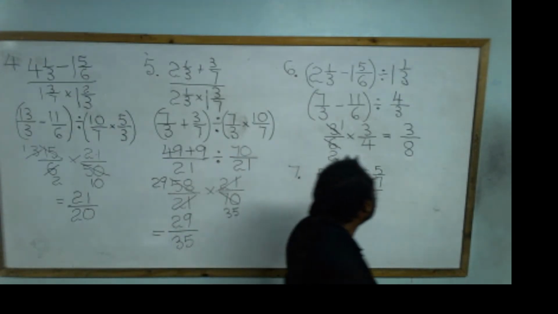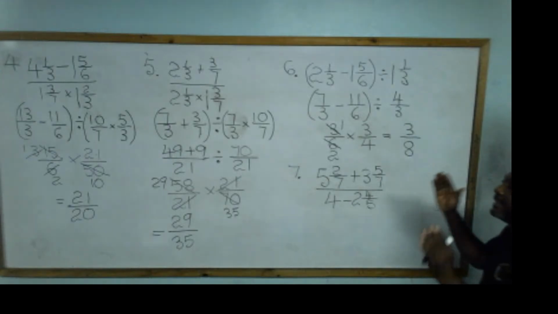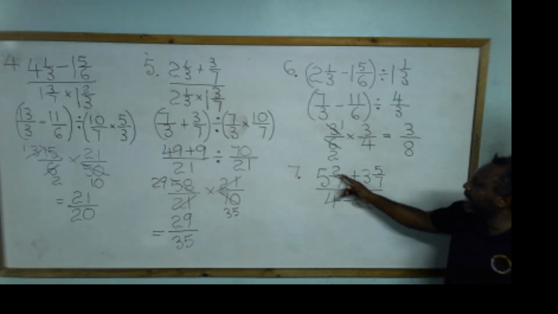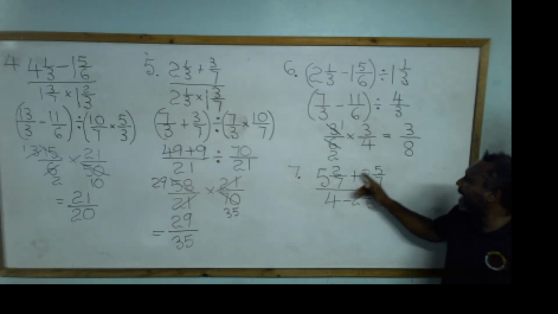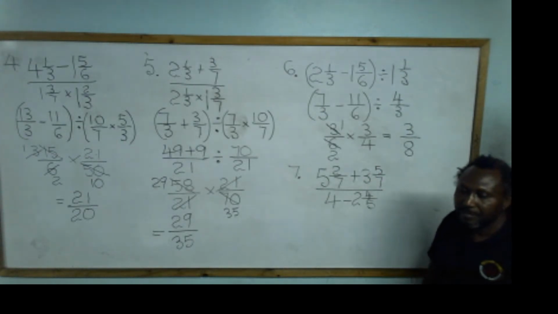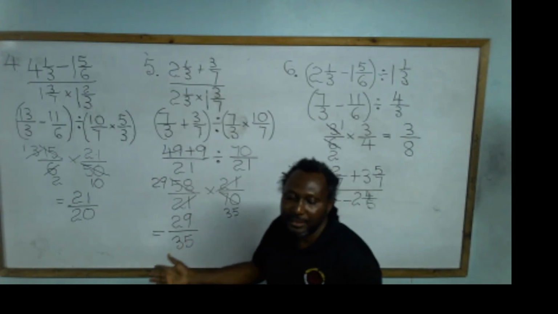Now students, can you see that the fractions here are 2 sevenths and 5 sevenths? And does that make life easier?